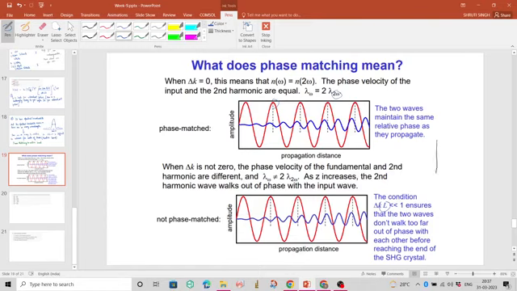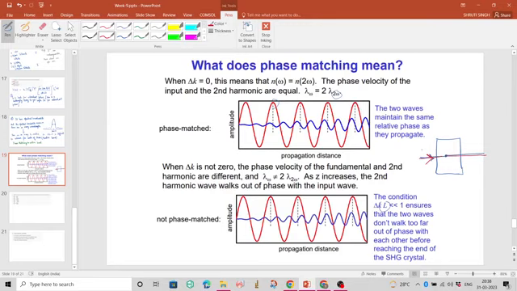So if this much is the crystal thickness, suppose here is the pump, the second harmonic gets generated, and from here the pump and the second harmonic both are traveling. So the pump is my red, and from here the second harmonic and pump both are traveling in the same direction. So as soon as they travel, they should be phase matched.